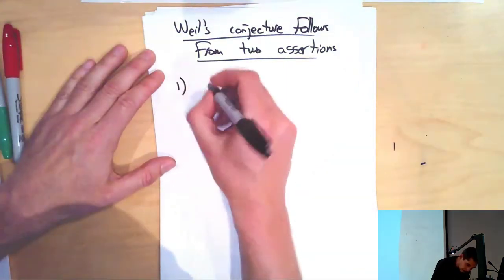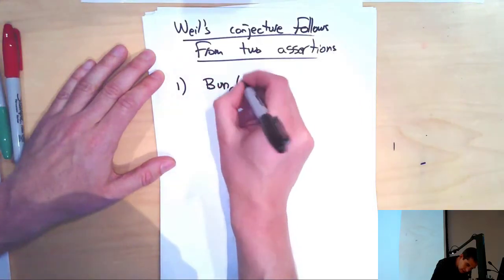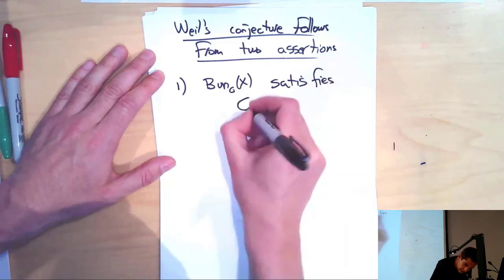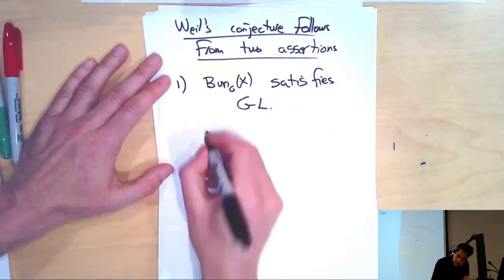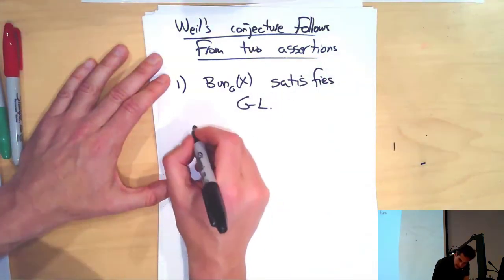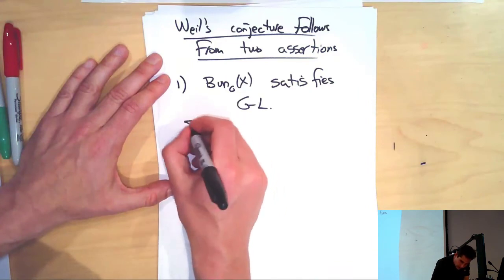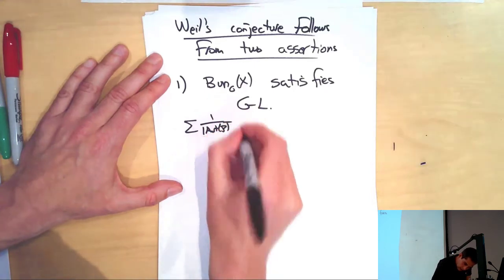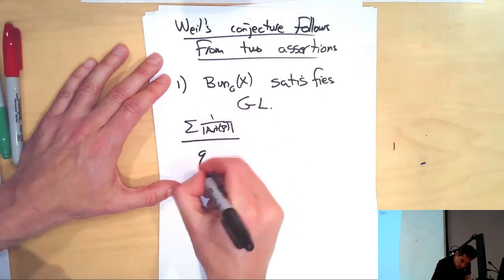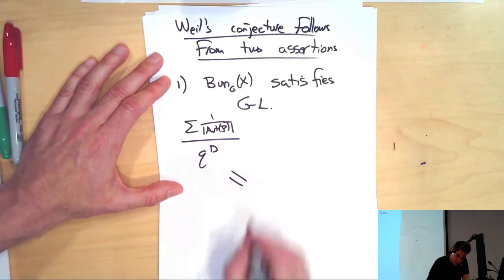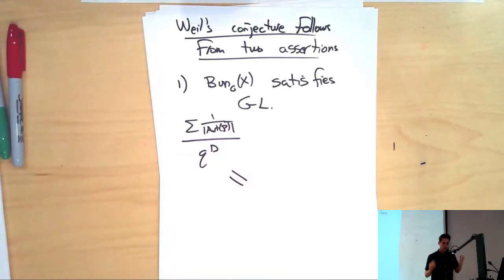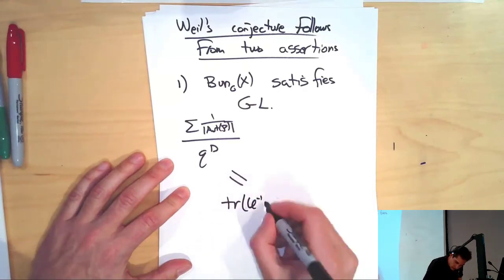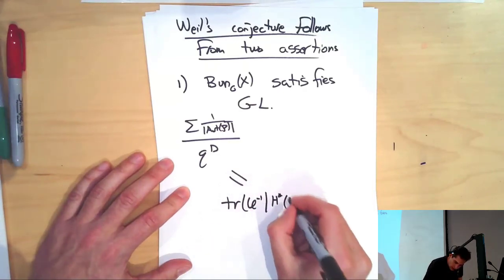So part 1 is Bun_G(X) satisfies the Grothendieck-Lefschetz trace formula. That will tell you that if you take this mass and divide it by the power q to the D, this should have an interpretation in terms of L-adic cohomology. This should be the trace of Frobenius inverse on the cohomology of this Bun_G(X).